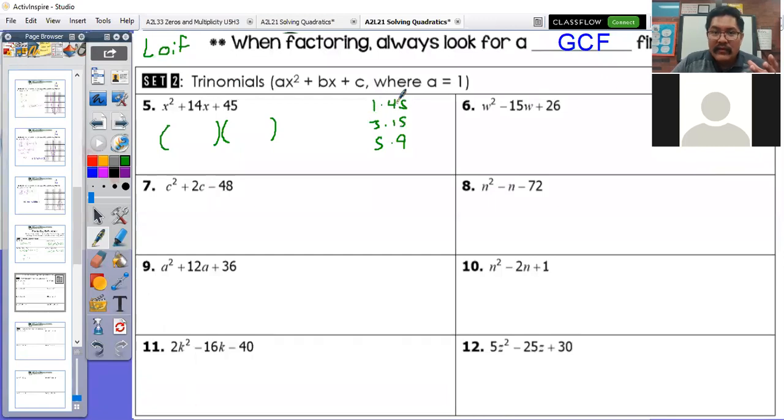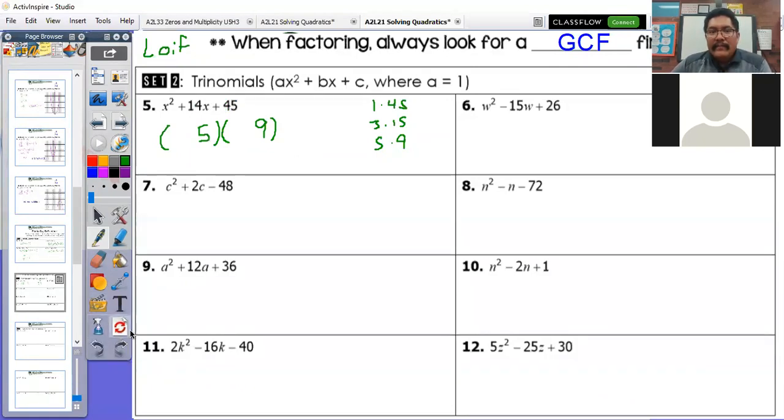So 1 plus 45 is 46, so that's not going to work. 3 plus 15 is 18, that's not going to work. 5 plus 9 is 14, so that is the one I need. So I'm going to put 5 here, 9 there. Now this next part is important. We look at the sign, we're still on the last number.